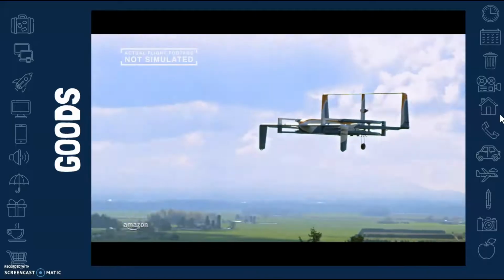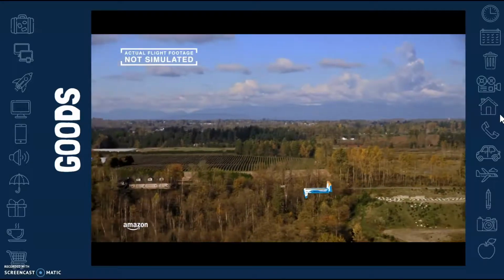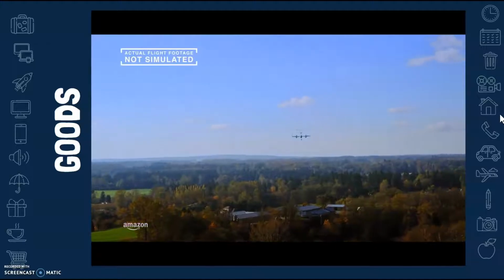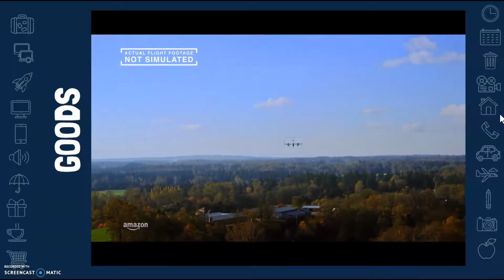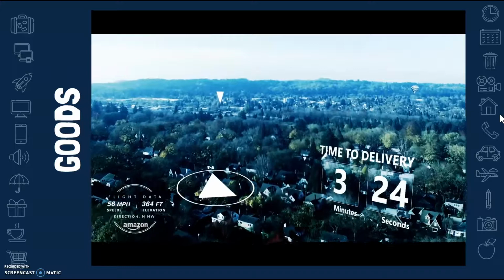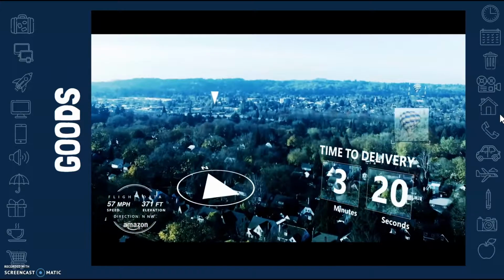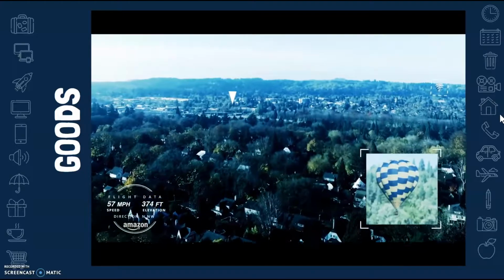In time, there'll be a whole family of Amazon drones, different designs for different environments. This one can fly for 15 miles. And it knows what's happening around it. It uses sense and avoid technology to, well, sense and then avoid obstacles on the ground and in the air.